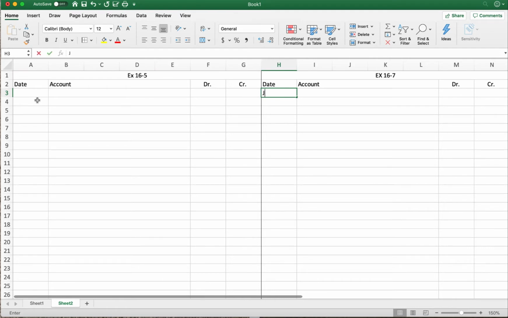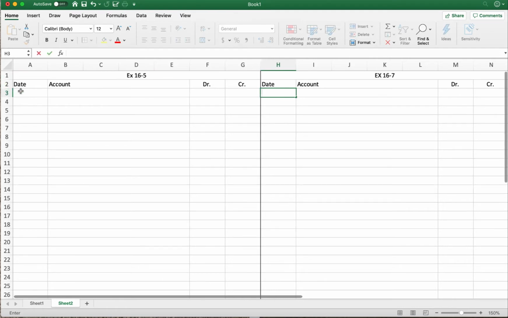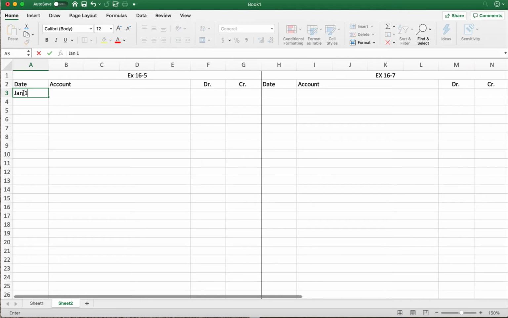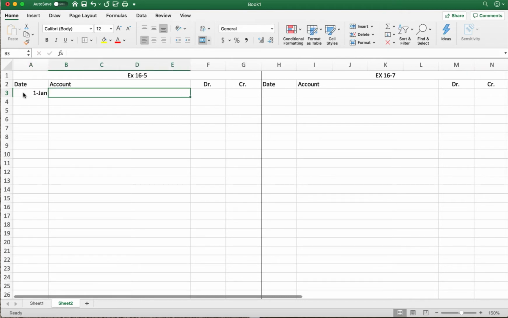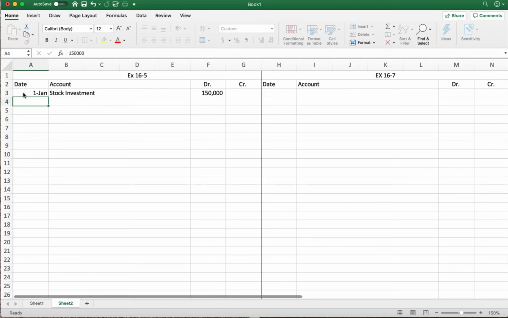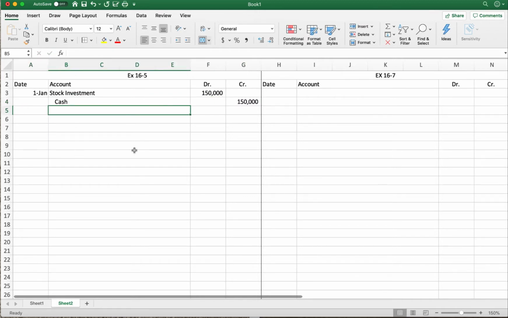So they tell us that on January 1, we purchased stock. So we need to debit stock investment of $152,000, and we need to credit cash for $152,000, right? Now, some of you might wonder, what is the description here? Well, it could be whatever we make it.